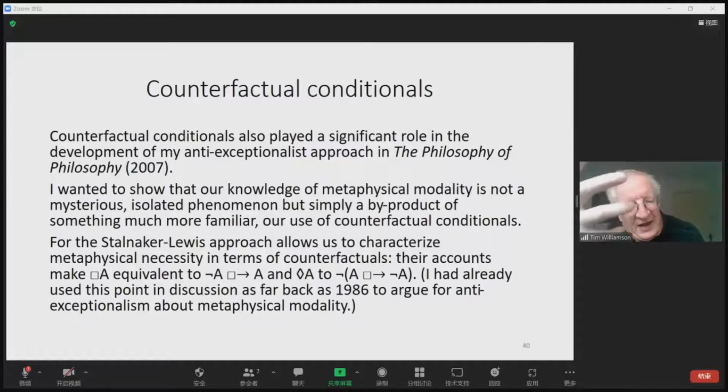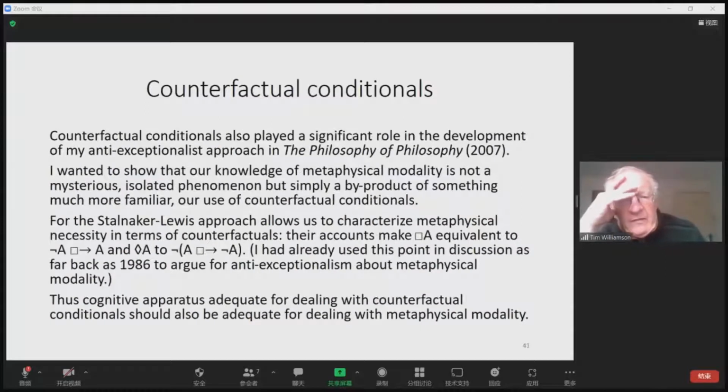If you look at these particular ones, they're slightly weird looking, but their meaning is generated just by the ordinary semantics for counterfactual conditionals. That already gives us a way of getting a grip on metaphysical modality, metaphysical possibility and necessity. So what that implies is that a cognitive apparatus which is adequate for dealing with counterfactual conditionals should also be adequate for dealing with metaphysical modality, because metaphysical modality is not really something fundamentally new.